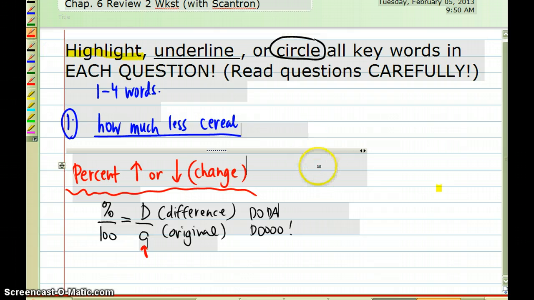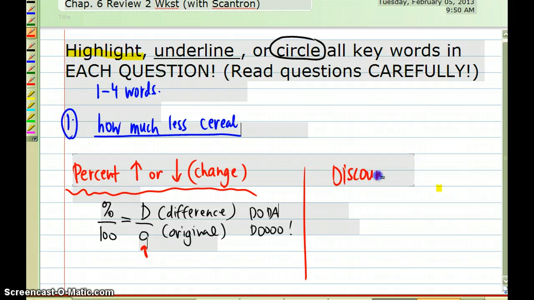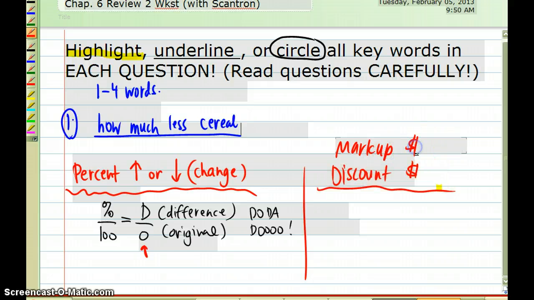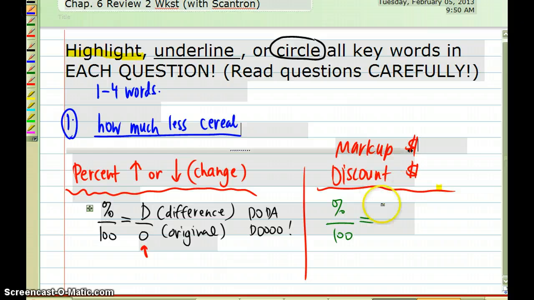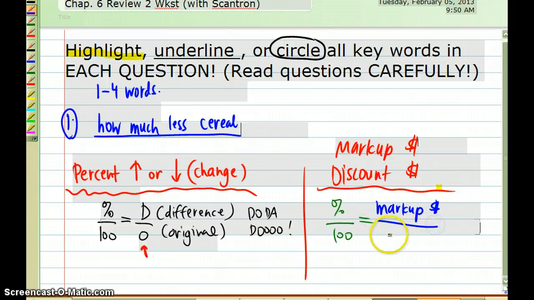Now, if you're looking for a discount price or a markup price, then take the percent over 100 and make that equal to your markup price out of the total, or sometimes the original price.